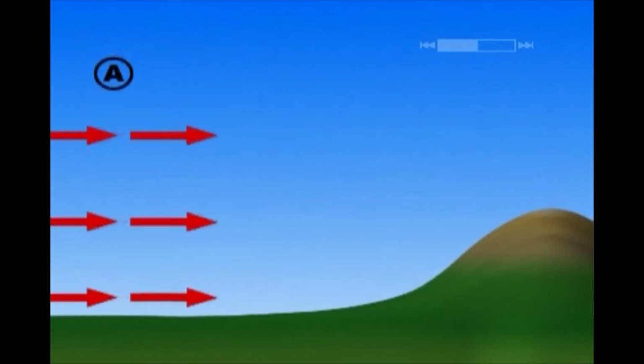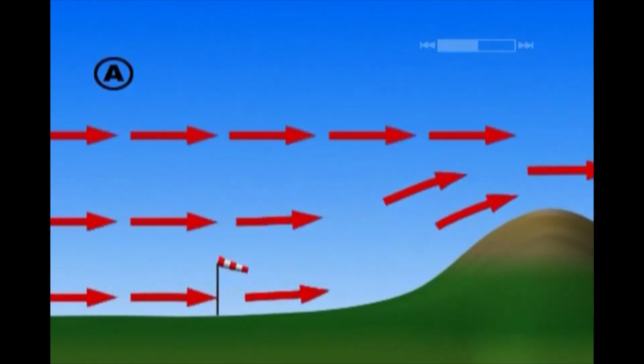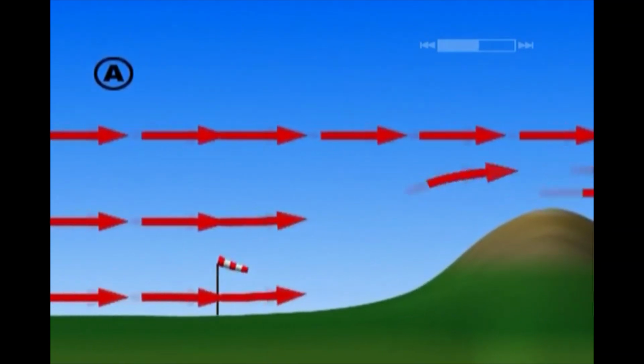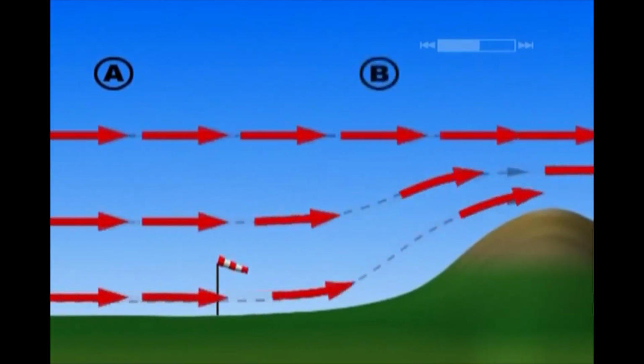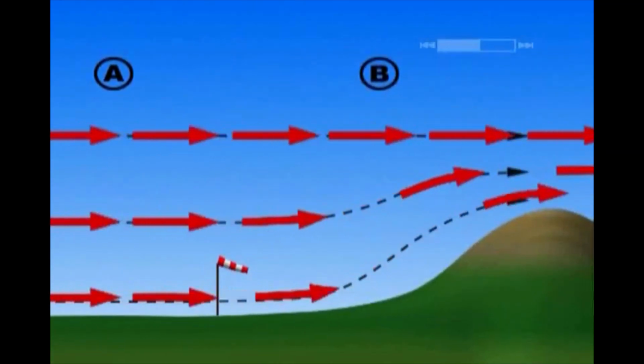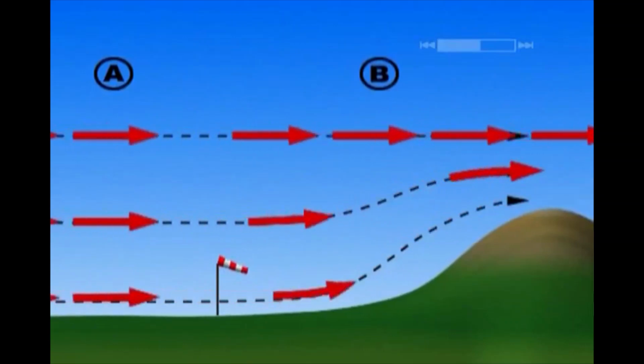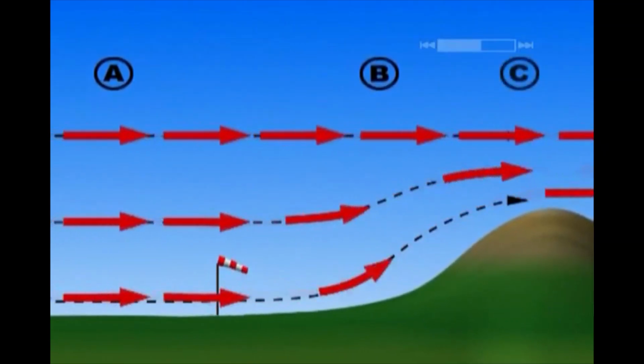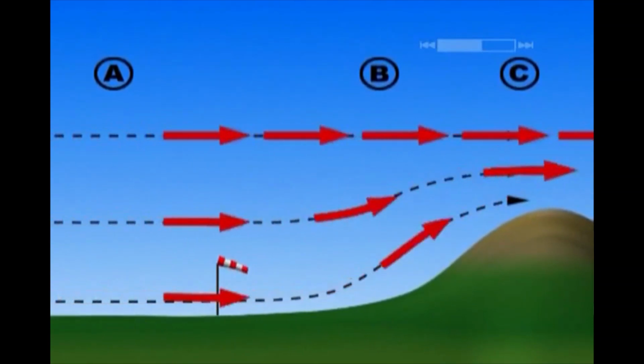Let's use the example of wind blowing over a hill. At point A, the lower and upper winds are traveling at the same speed. At point B, the lower we descend into the air mass, the faster the wind speed is. Notice that the winds closest to the hill are the fastest.